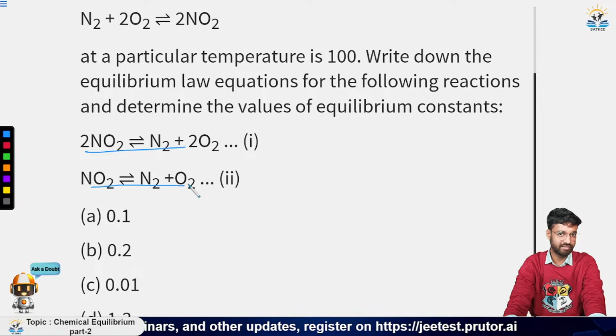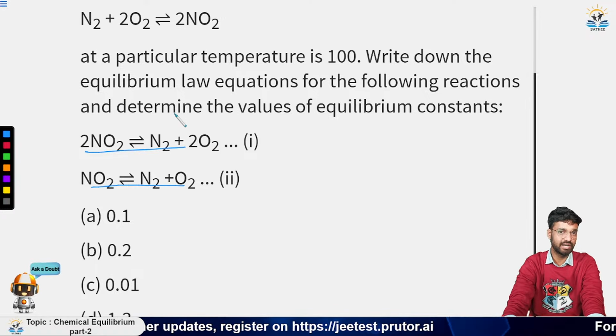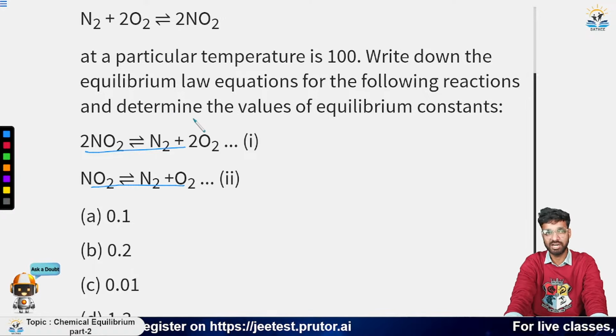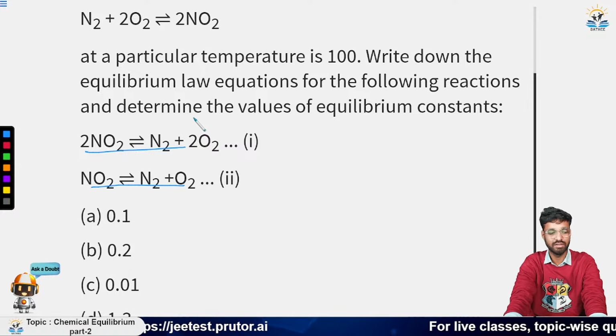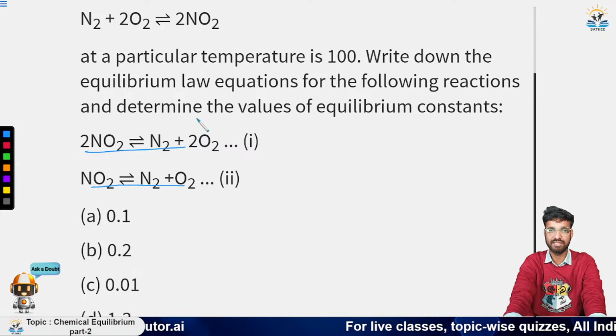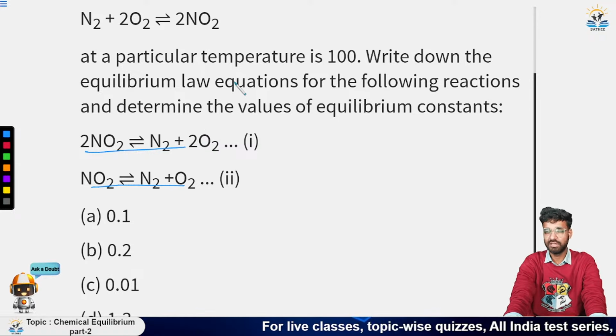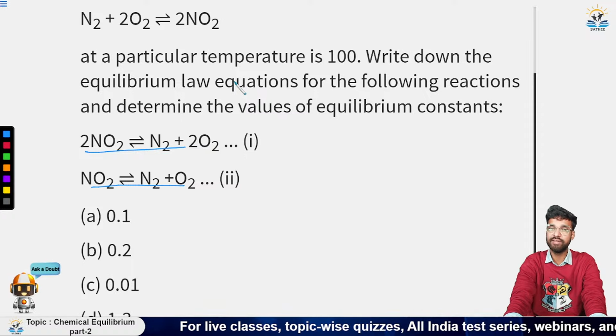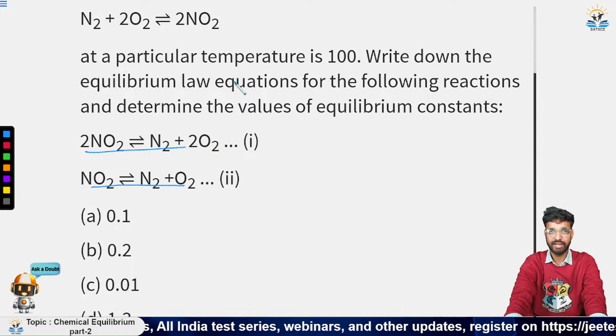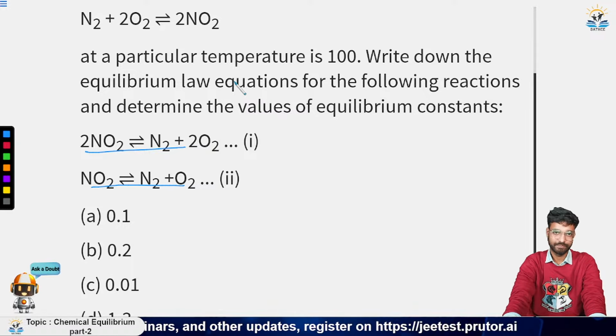The first one is this and the second one is this. We have seen in the earlier class what happens if you reverse the reaction and what happens if you multiply it with a constant. If you reverse the reaction, we get the reciprocal of the equilibrium constant, and if we multiply it by a factor, then K is raised to that same factor. And if we add two reactions, then the equilibrium constants get multiplied.